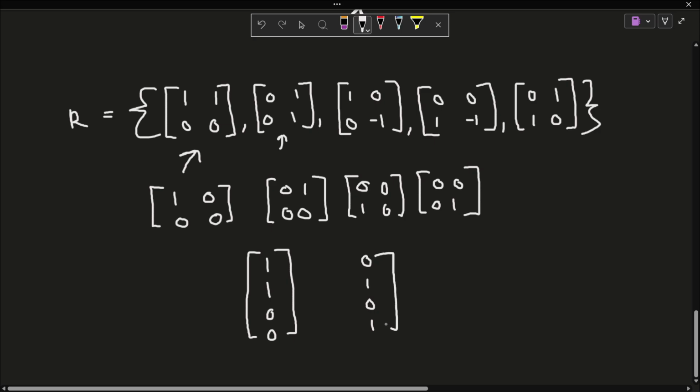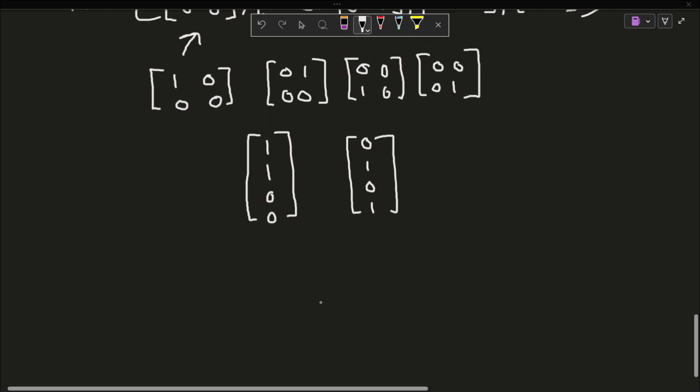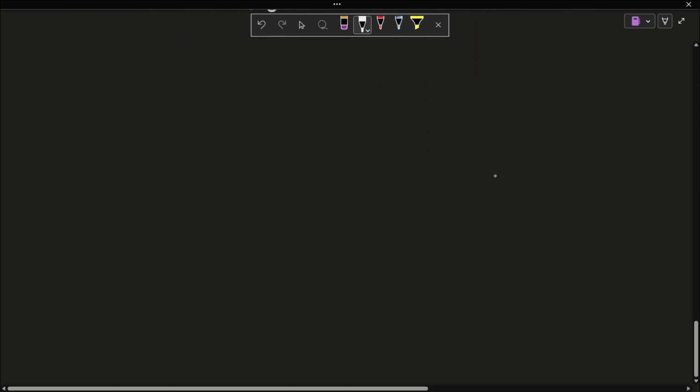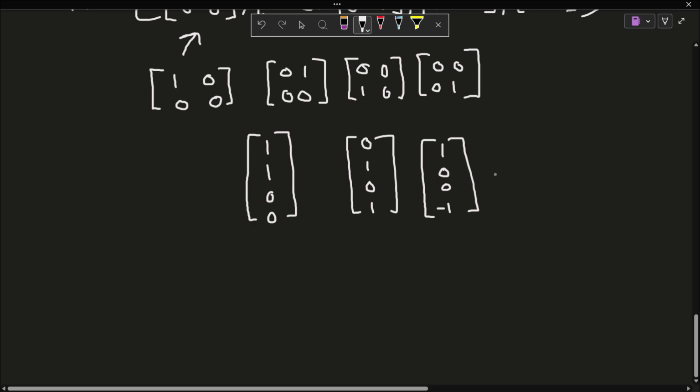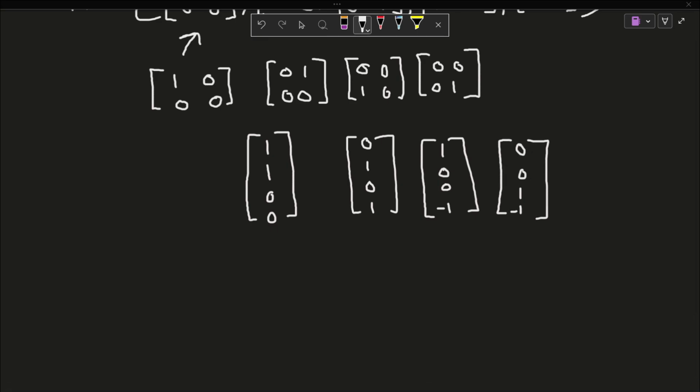And then so on and so forth for the other matrices. So we'll get 1, 0, 0, minus 1. And 0, 0, 1, 0, 0, 1, minus 1. And then also the fifth one is going to be 0, 1, 1, 0.